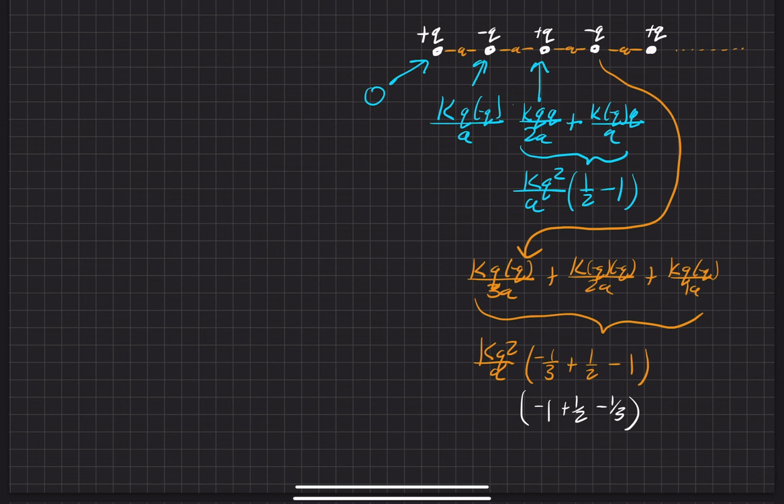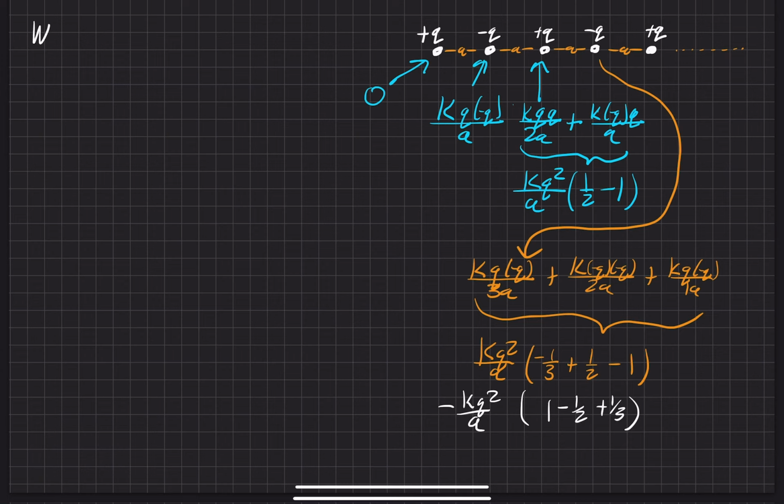And we can pull a negative sign out of that, so we have a negative k q squared over a, and that turns the terms into a positive, a negative, and a positive, right? And if we look at this summation, this should be familiar if you're really reaching back into some of your math. We can rewrite this whole thing up here.